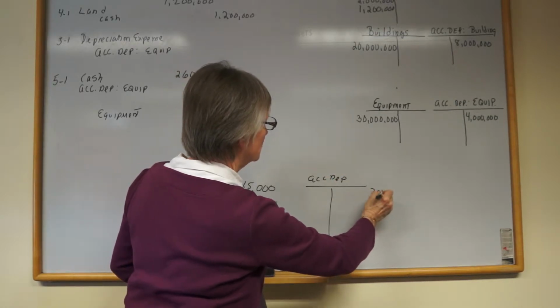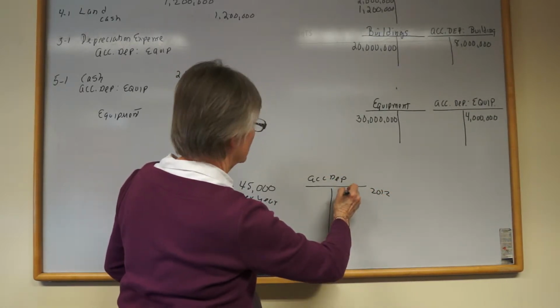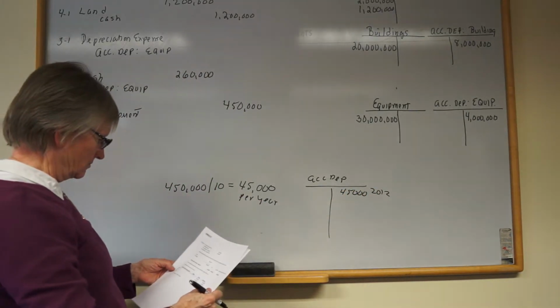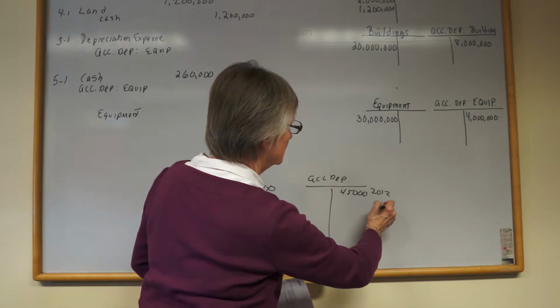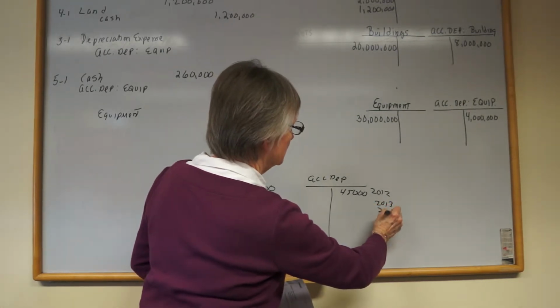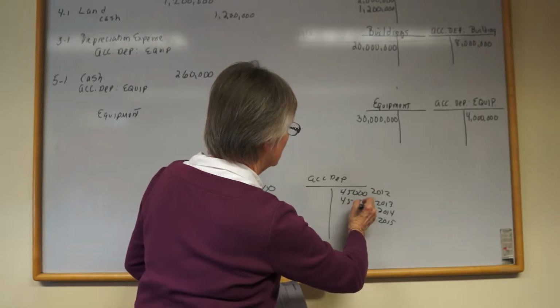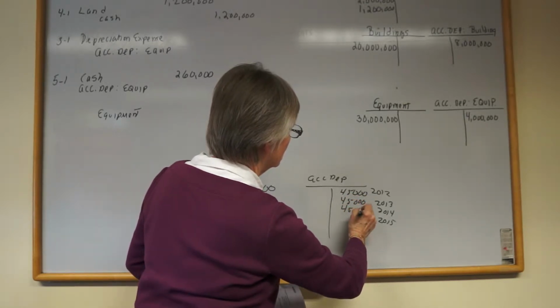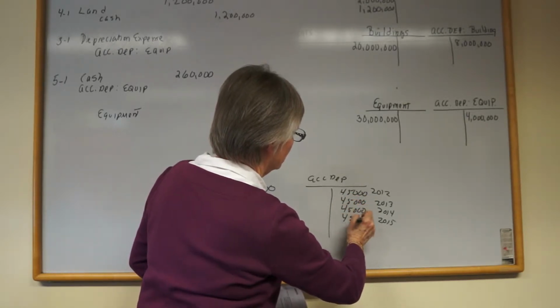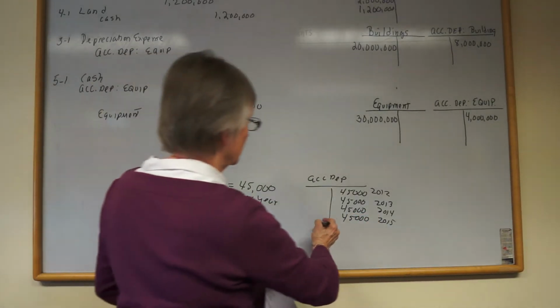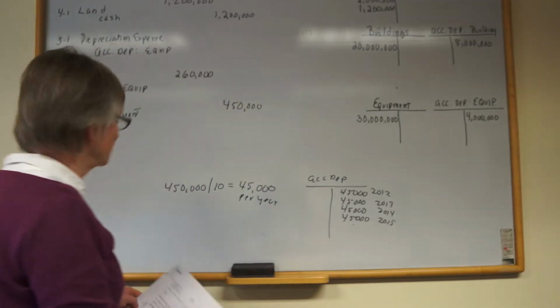In 2012, we would have taken $45,000, and the same for 2013, 2014, and 2015. We would have taken $45,000 for each of those years. That's what is on the books now, that amount of accumulated depreciation.